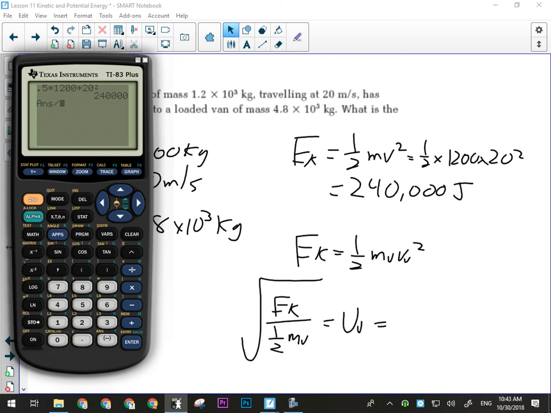Okay, we'll divide that by half of the van's mass, which would be 2,400 kilograms. And then we'll square root that. Okay, half as fast. 4 times heavier, and at only half the speed, it has the same kinetic energy.